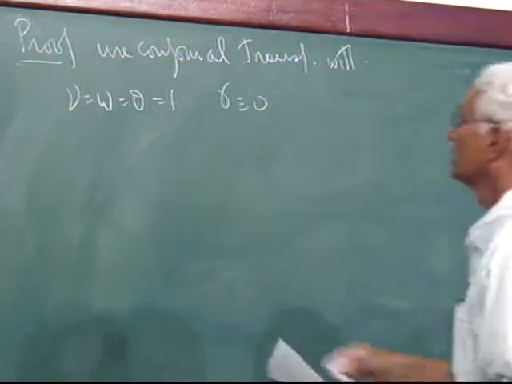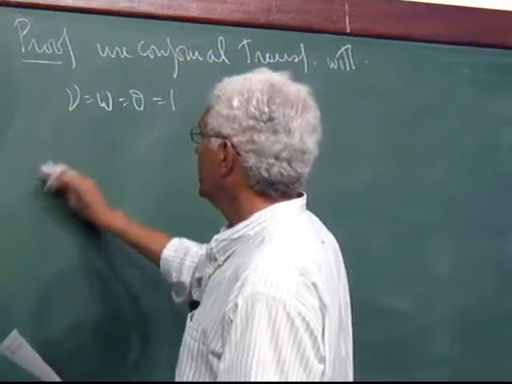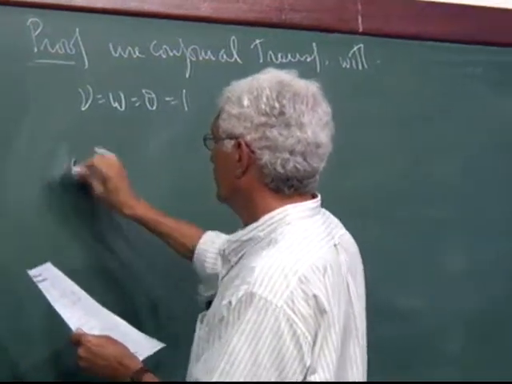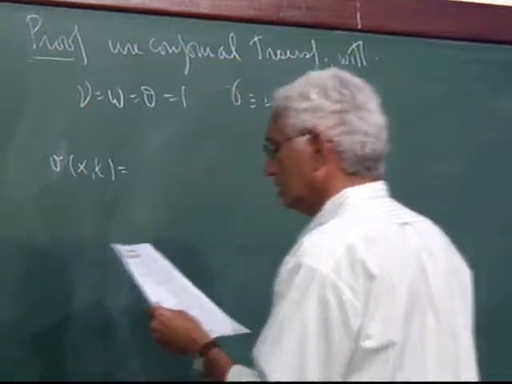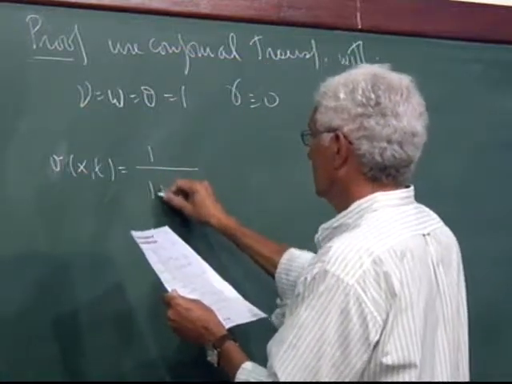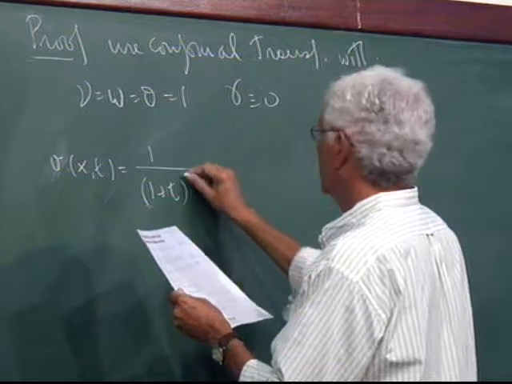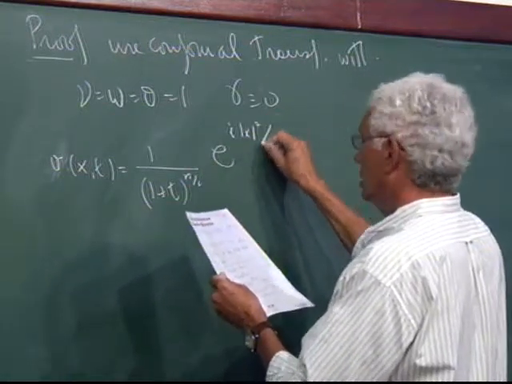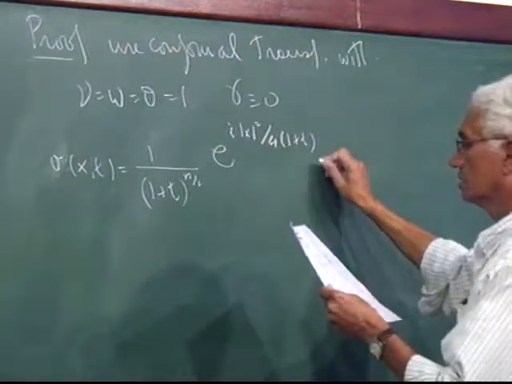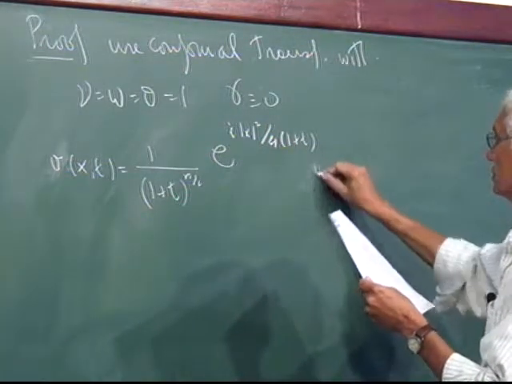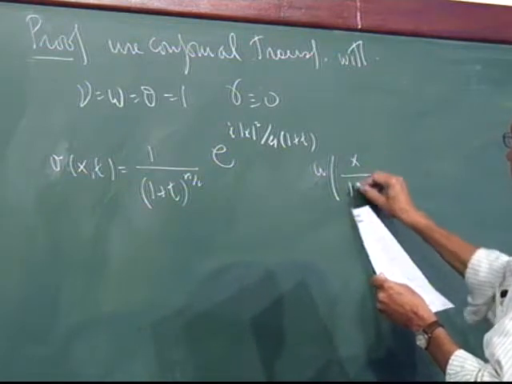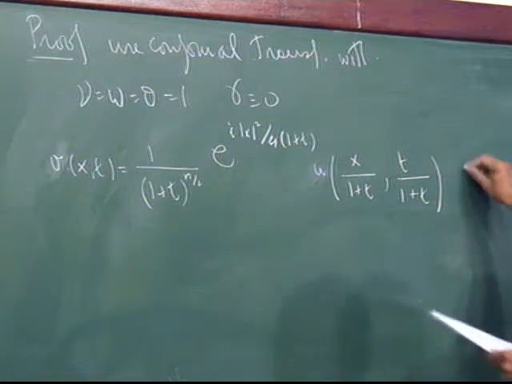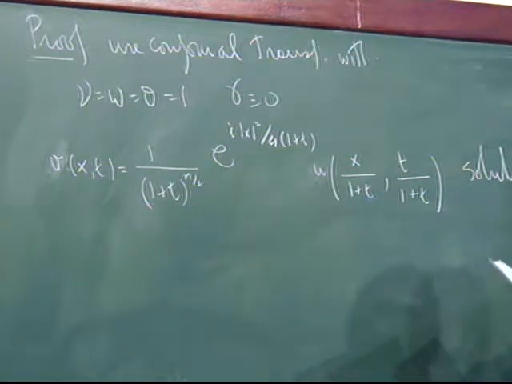Therefore, you have that u_b of x, t, let me write b like this, equal to (1 plus t) to the n over 2, exponential of i x squared over 4(1 plus t), u of x over 1 plus t, t over 1 plus t, a solution of what equation?